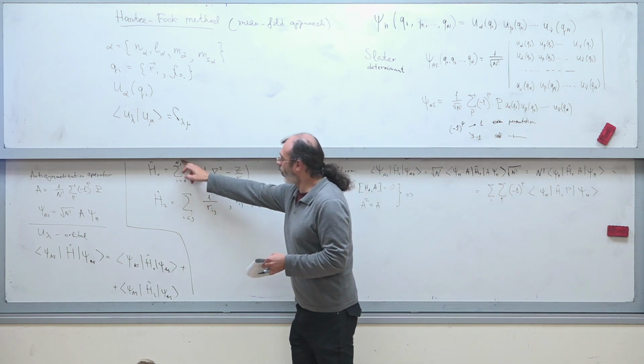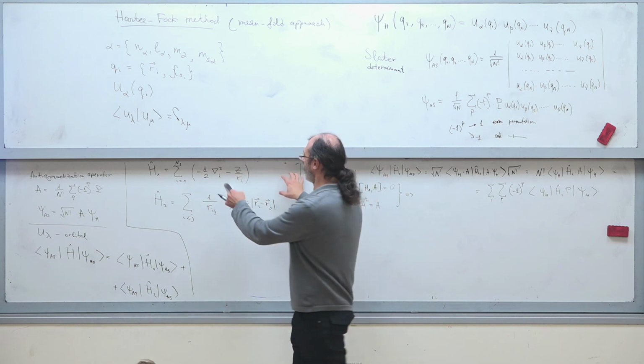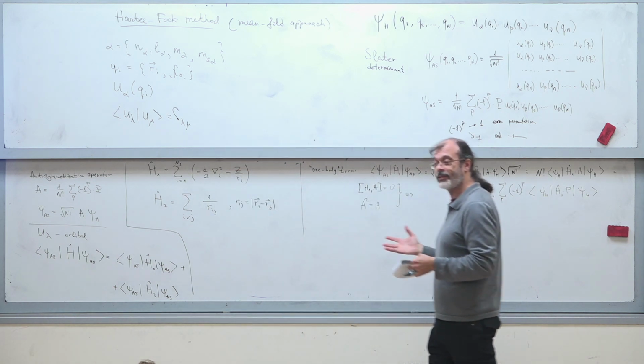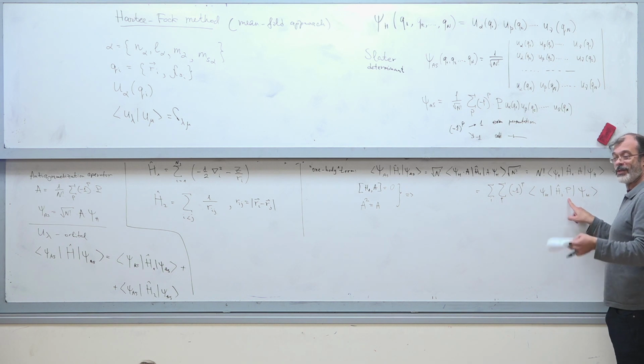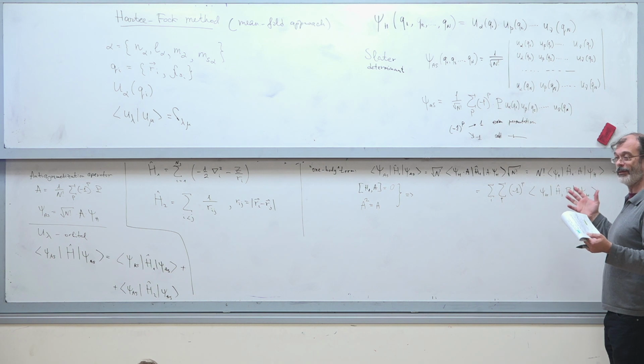So it's a sum over all electrons. If I take the one, it means that inside this sum I just exchange the position of these two electrons. It doesn't change the sign. Therefore, the action of this operator doesn't change anything, so I can omit it. I can throw it away.